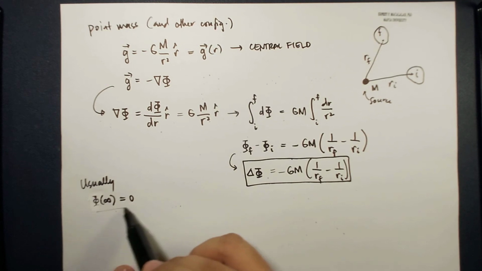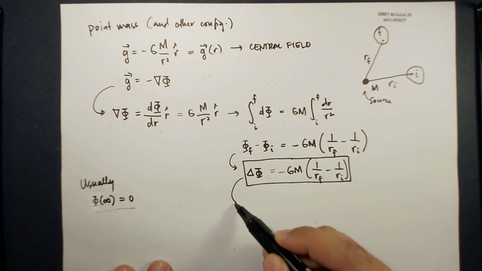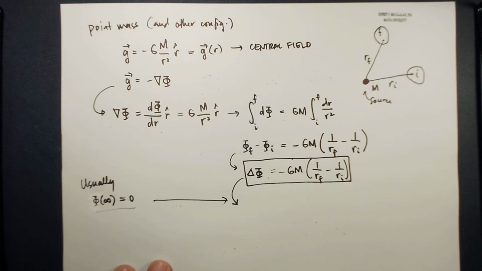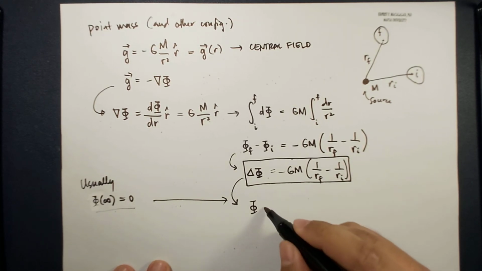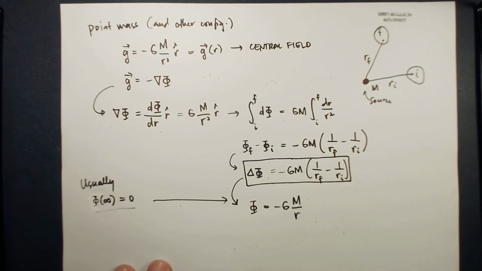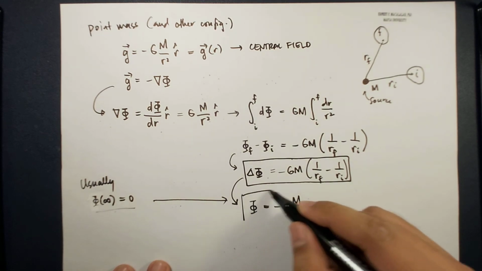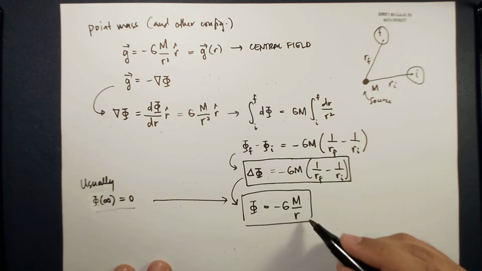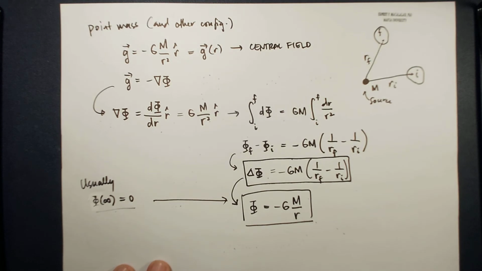If this is the case, we can reduce this equation to the potential at some point, which is equal to negative G m over r. This is the gravitational potential due to a point mass.